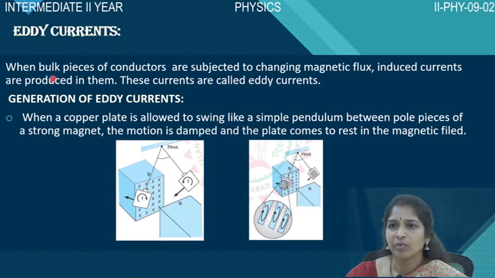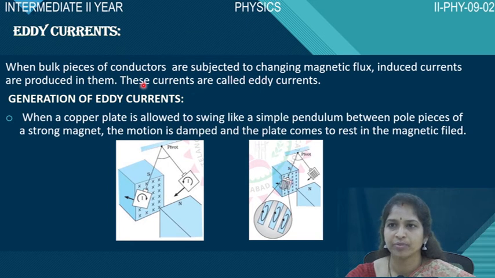When bulk pieces of conductors are subjected to change in the magnetic flux, induced currents are produced in them. Those currents are called eddy currents. In a conductor, if there is a change in the flux, we already know according to Faraday's law that EMF is generated, and it further produces currents.